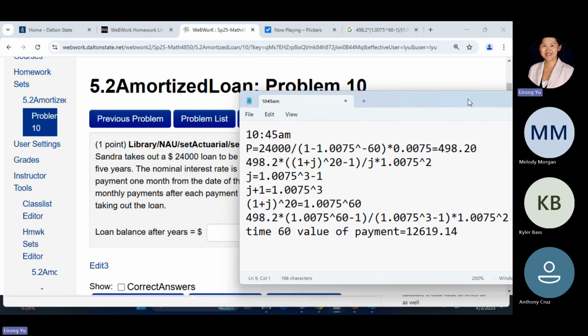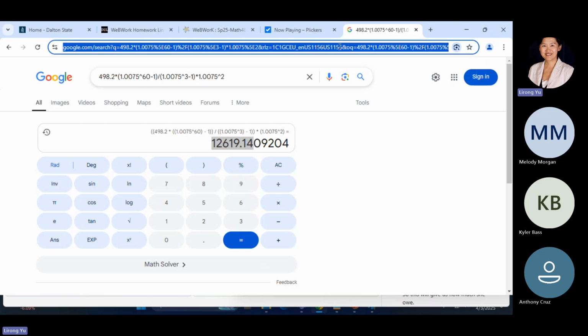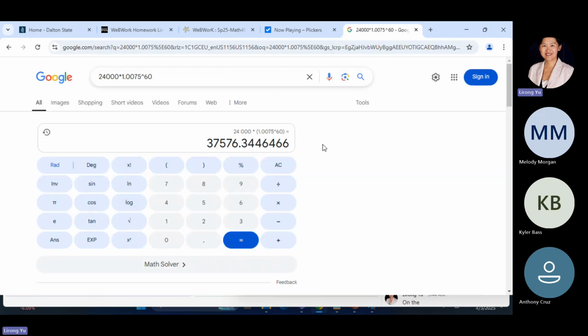It was the 2400. We want to calculate what is the value at time 60 as well, because we want to find out time 60. It would use time 60's balance, right? Up to the power 60. So this will give us how much she owed on the loan, future value of the loan.